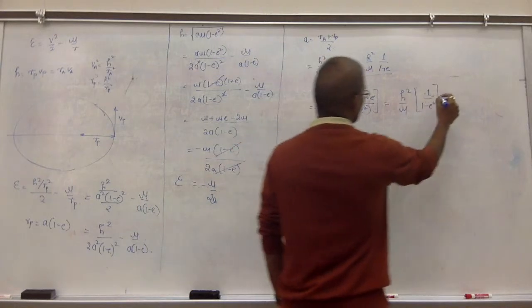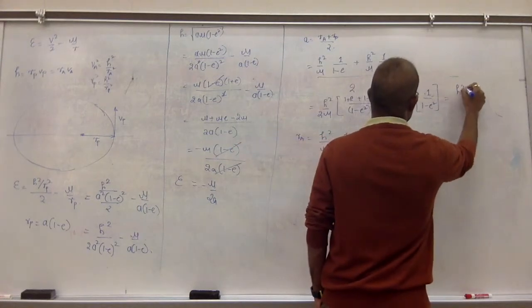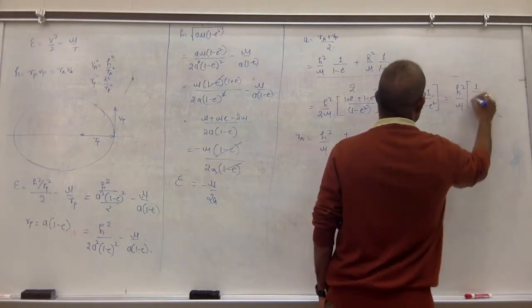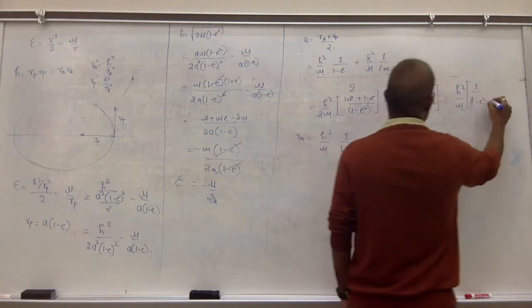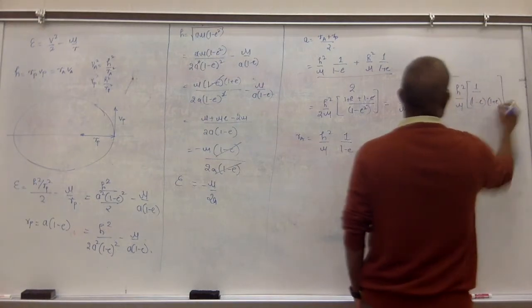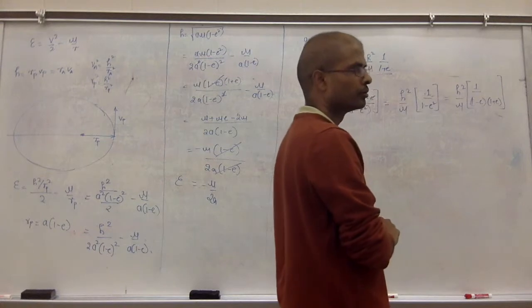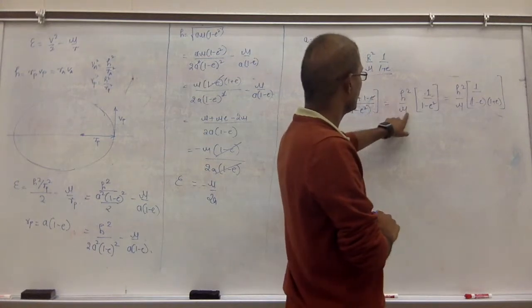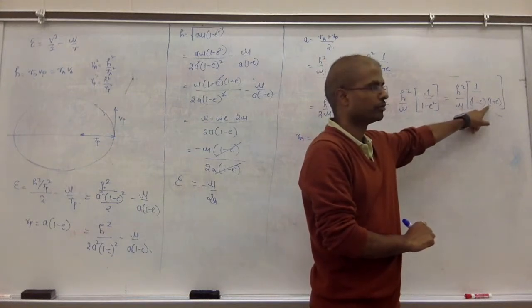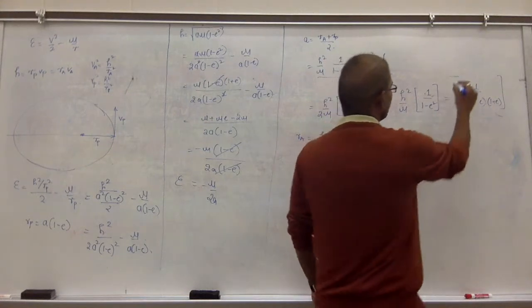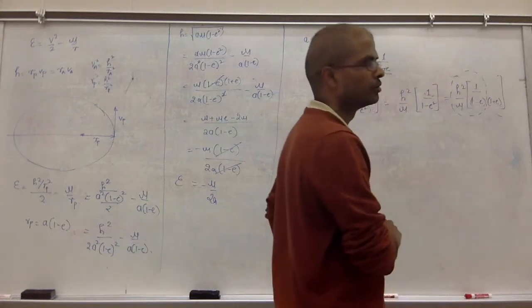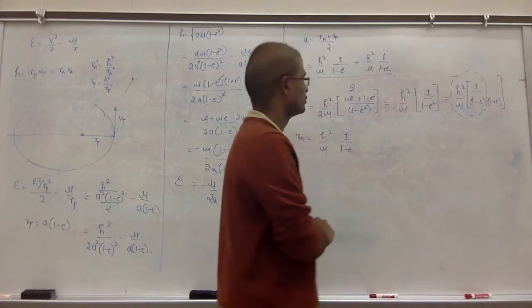A square divided by mu into 1 over 1 minus E, again 1 plus E. You agree? This is h square over mu, 1 minus E square is 1 minus E, 1 plus E. What is this? That's RA. That's RA.